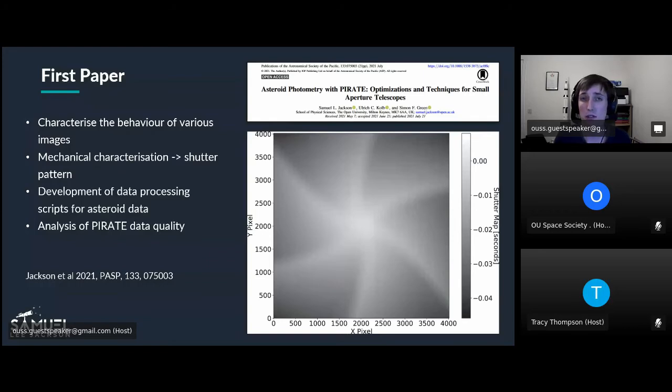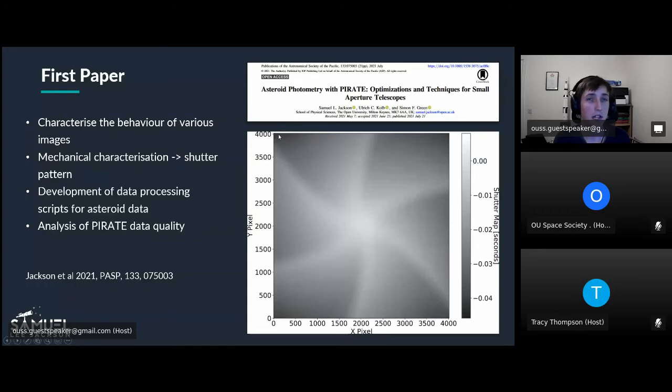We also did a bit of mechanical characterization of the observatory. So you can think of we have a camera on the back of the telescope, and this has a shutter which opens and closes when we want to expose the pixels to the night sky. Now, as this shutter opens, the central pixels here in the image are the first to be exposed to the night sky, and they're also the last to be covered up when the shutter closes.